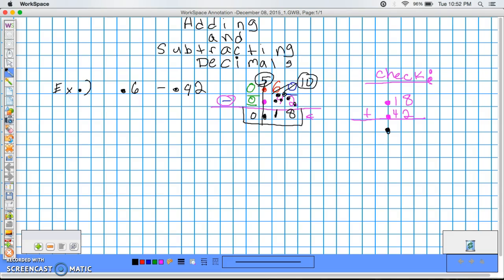So I'm just going to put my decimal point there, and I'm going to add up my numbers. 8, 9, 10. Carry the 1. I circle it. 4, 5, 6. Okay, and then I have a 0 here. Now my sum, if it matches my answer right here on the top, then that means I did it correct. So that's the first example.